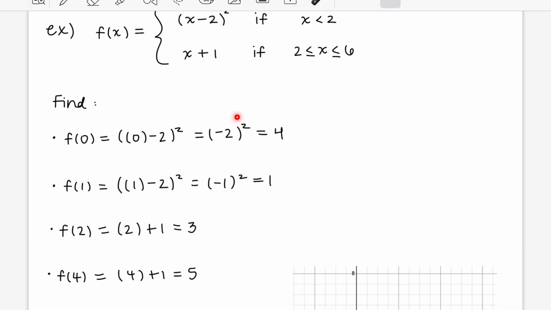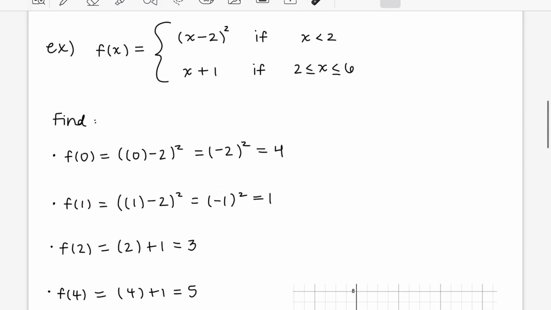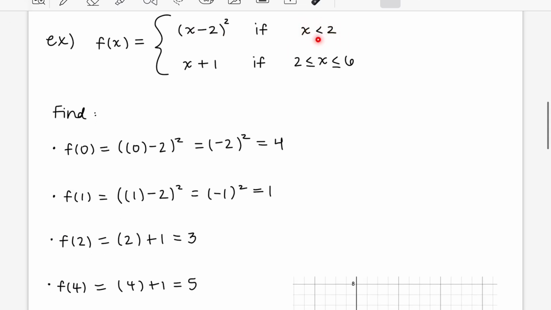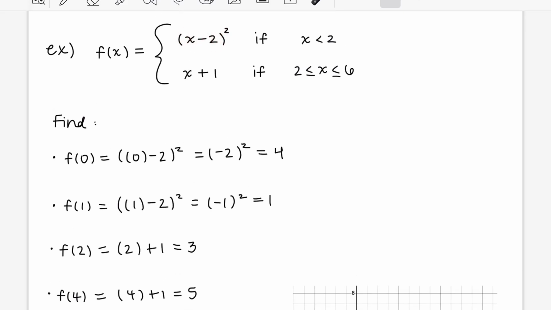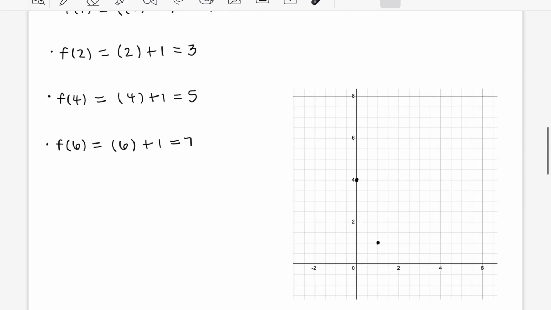Similarly, in this region, we know that x is going to be less than 2, so we're not including values of 2. We also know, like I said, that this is a parabola shifted 2 units to the right. So if this were just x squared, it would look like this here. We would start at the origin and move in this direction.